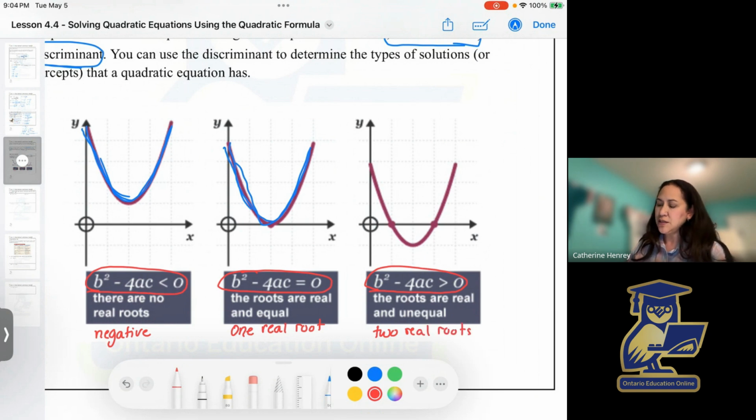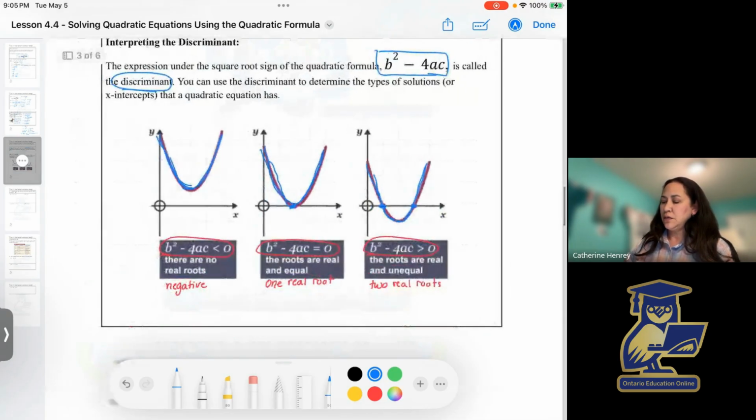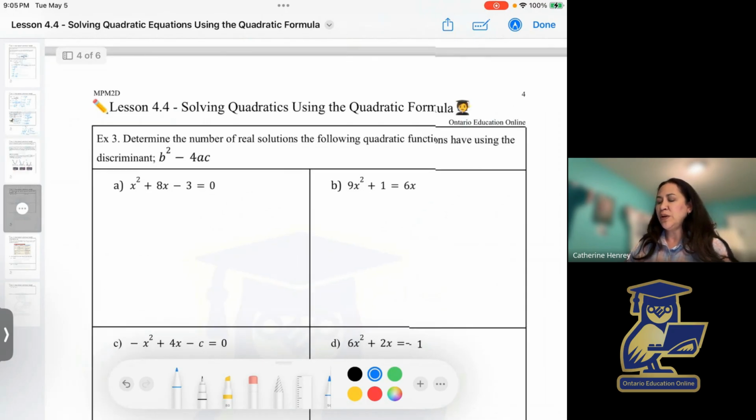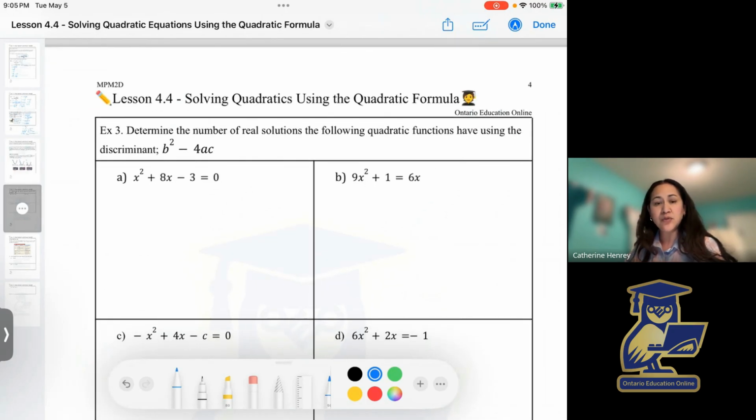And you can see that this kind of situation would result in the parabola crossing the x-axis twice. Right? So touching the x-axis once, crossing the x-axis twice, and then the first situation is not touching the x-axis at all. So we use the discriminant to describe the roots, but we can't tell exactly what the roots are without using the quadratic formula. But let's just practice a couple of these.